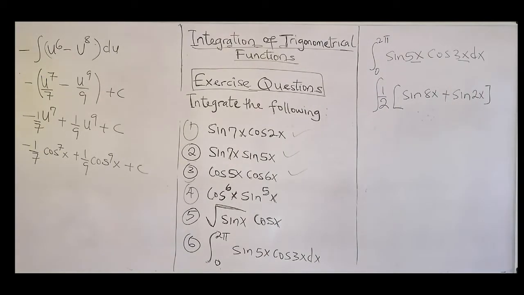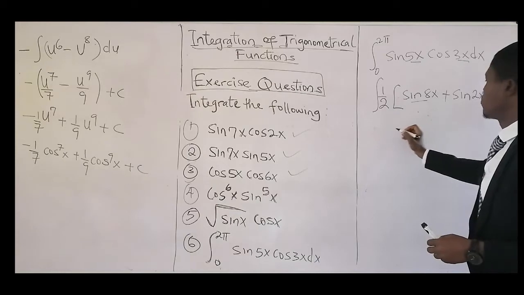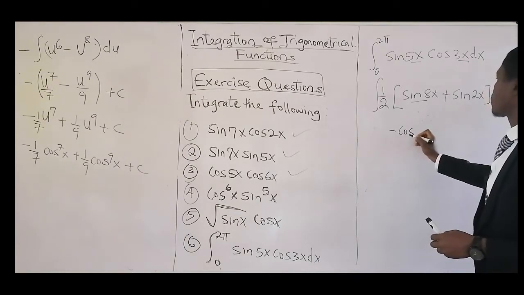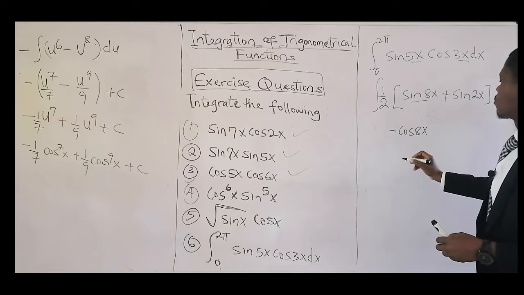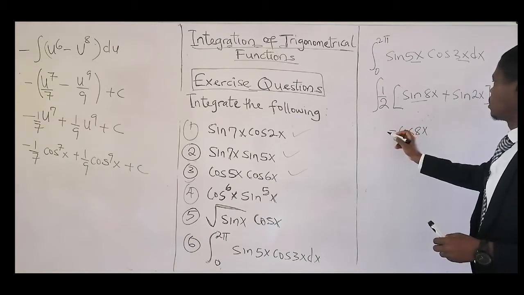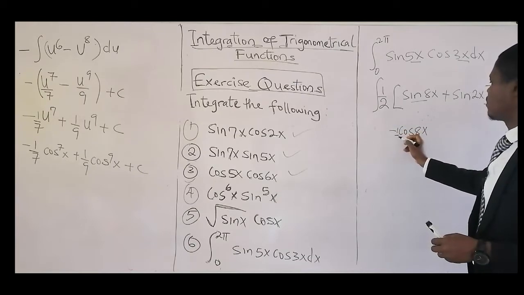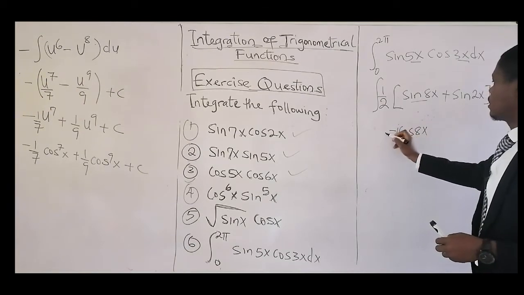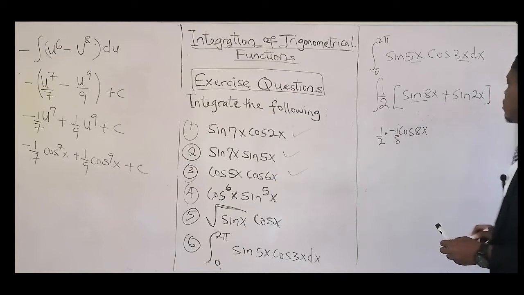I'm going to do the integral straight away now. So the integral of this now is going to be minus cos 8x. Then you have to divide by 8, so this will be equal to minus 1 over 8 is here, and then times the half outside.